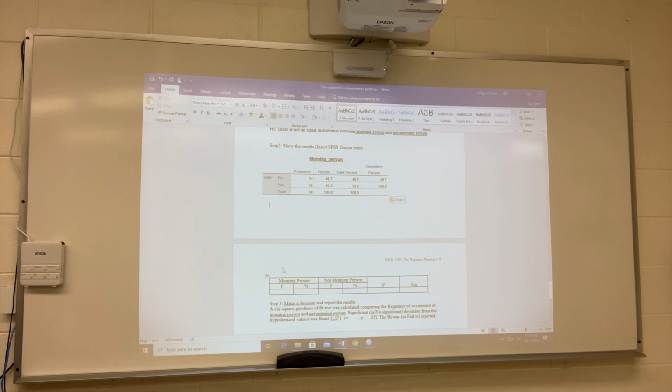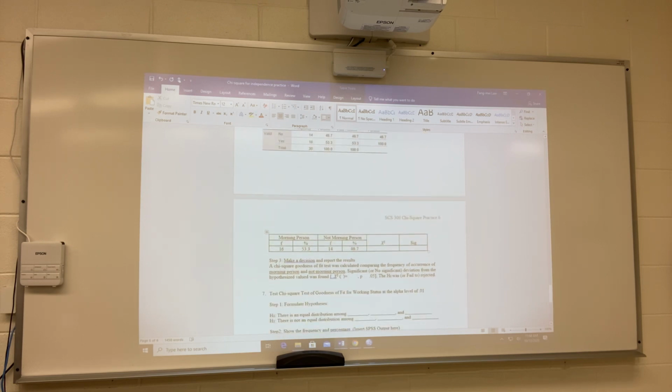The first one is not, so that should become here: 14 people, they are not morning person, 46.7%. And then 16, they are morning person, 53.3%. Okay, now let's go back to our data.